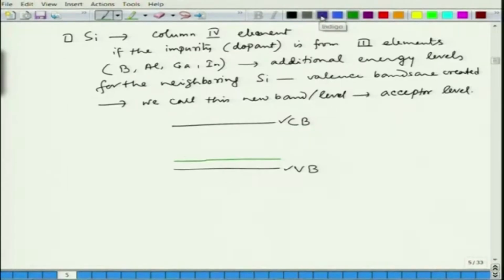Now this band gap is small, so electrons even with small energy input can jump to this particular acceptor level. Let us say this is the acceptor band. Okay. So, now the electrons with small energy can jump and create a hole here.